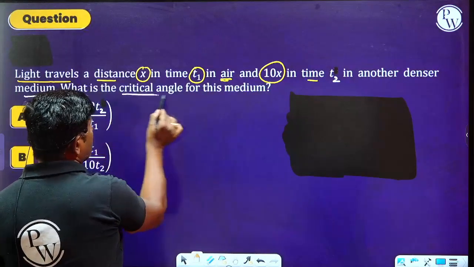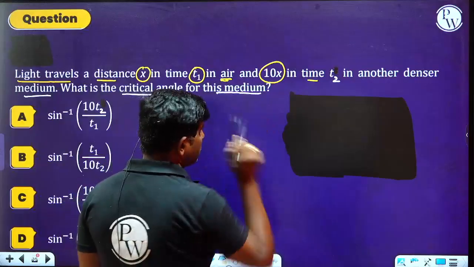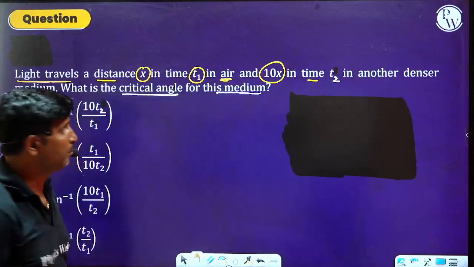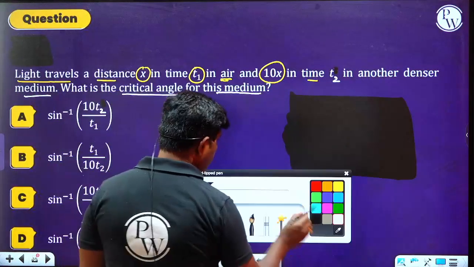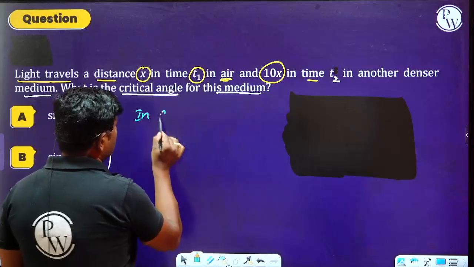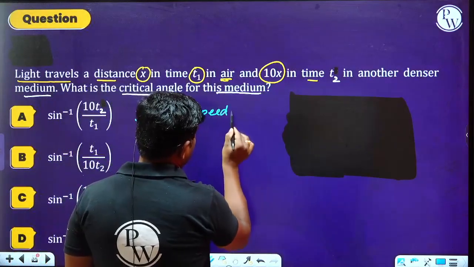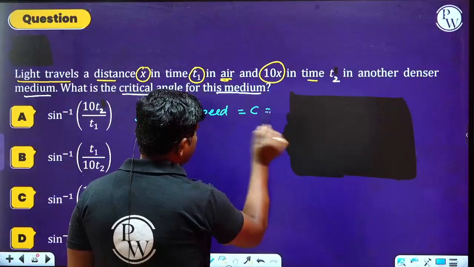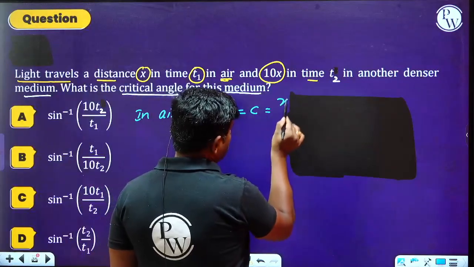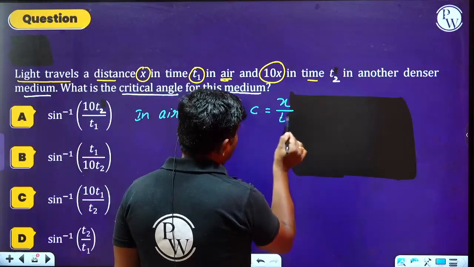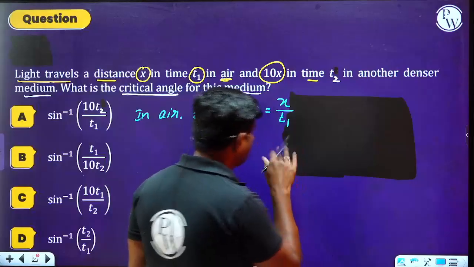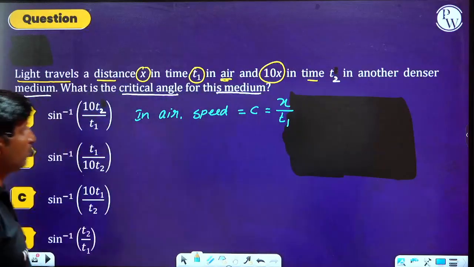What is the critical angle for this medium? How can we do this? Observe this. In air, the speed is usually represented as c. Speed is equal to distance by time, x by t1. Let's keep that value as it is.